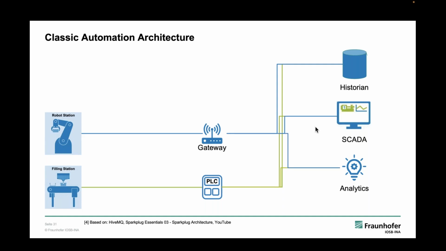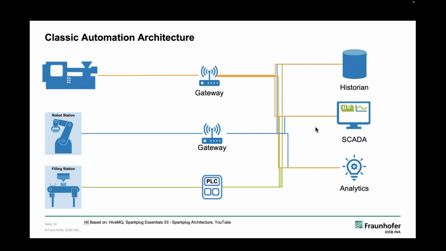And it gets even more complex. You have a lot of connections. That's the basic point here. Of course, you have point-to-point architecture, and you have manual data mappings as well. So if you want to acquire variables, for instance, from the injection molding machine, you select manually which variables you want to acquire to which of these systems and how to interpret them and so on.